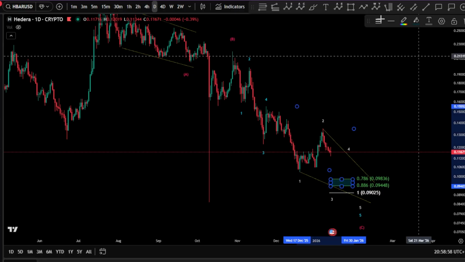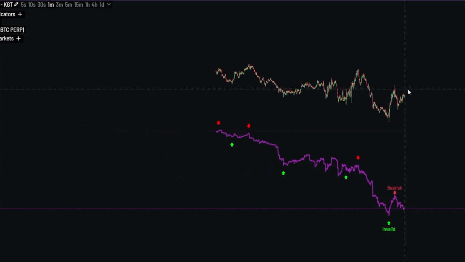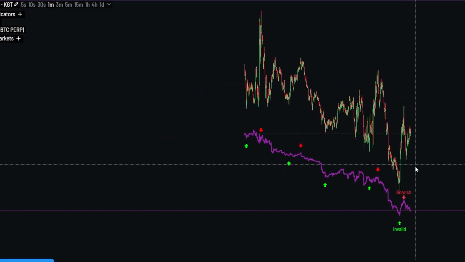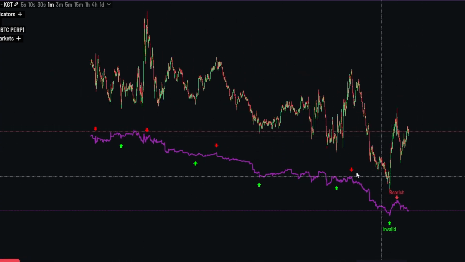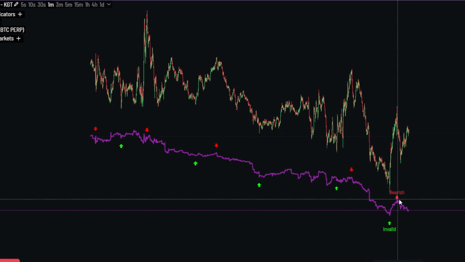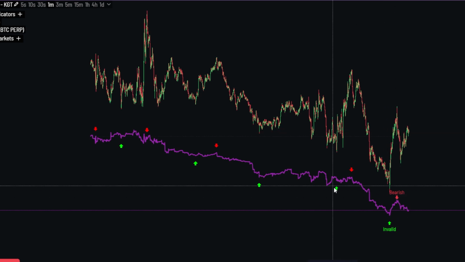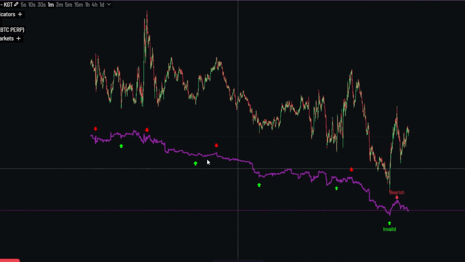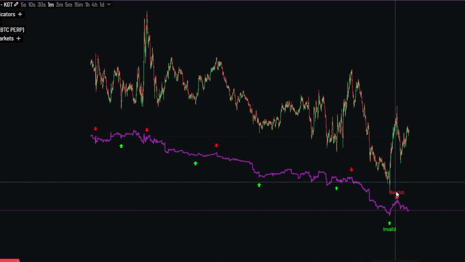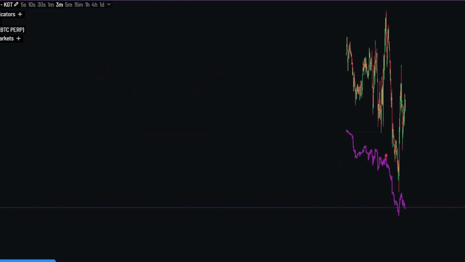Now, I also have a new version for HBAR, so it's very interesting to look at. As you can see on the 1-minute chart, we still have the bearish signal there, invalidation of the bullish. Horrible, right? A lot of pressure coming in, and of course we are very bearish. Let me check the higher time frame.